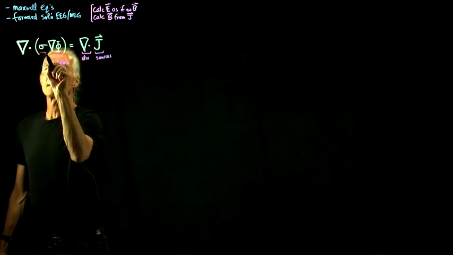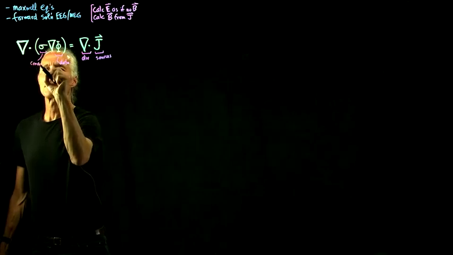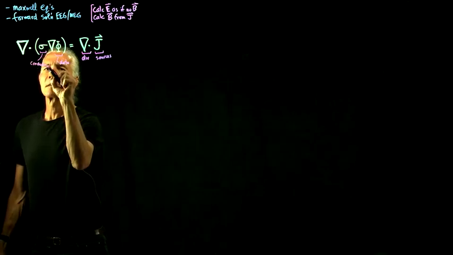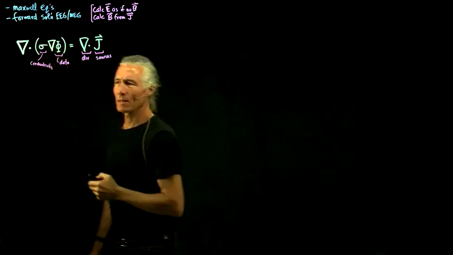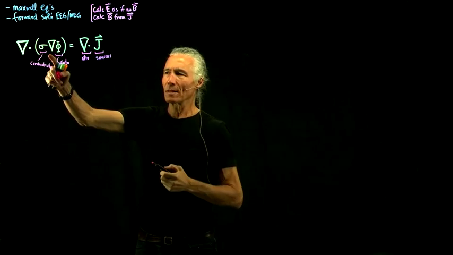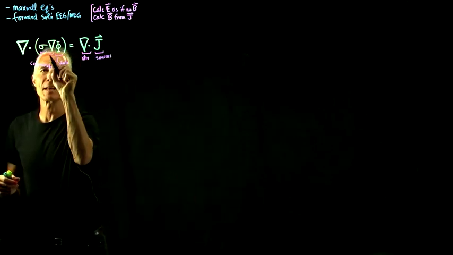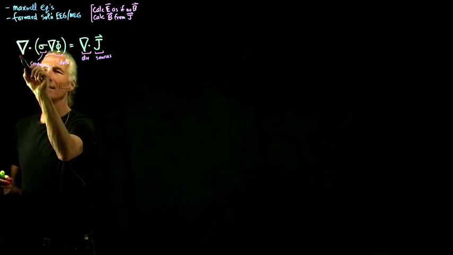And that guy's the conductivity, because how much current you're going to get through something depends on how conductive it is. That's just grad, the gradient, meaning the steepest uphill direction. And this is the div again.